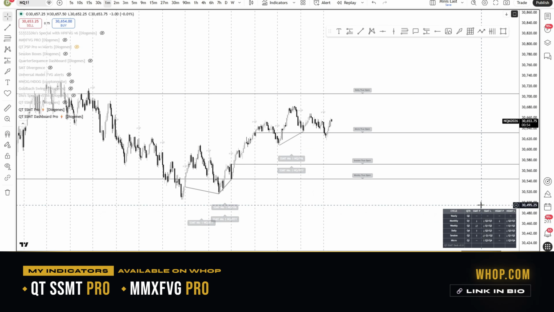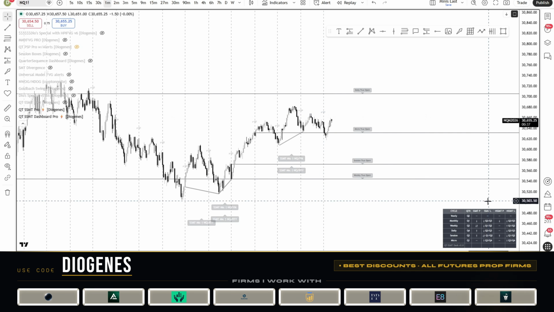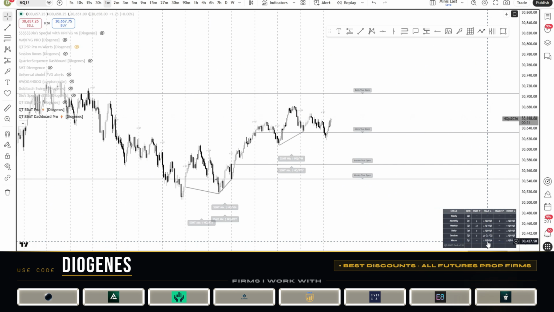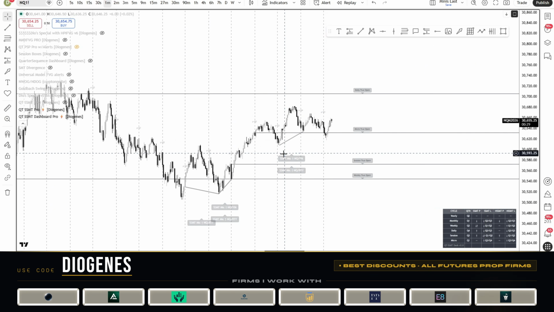Okay, so let me tell you what's up. This column shows you the pending SSMT. Now, for example, in micro, it will tell you there's nothing, and if you check on micro, there is nothing. Here on locked, it will show you the last locked SSMT. It tells you it's bullish between Q4 and Q3, and this is actually true.